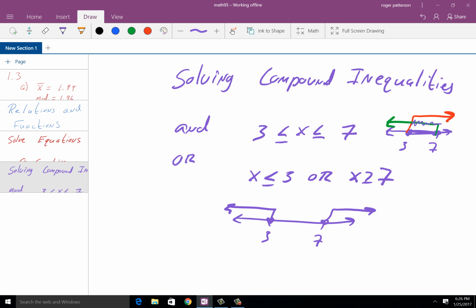So basically, I'm just going to go through and solve some of these. Looking at them, most of them want you to write using interval notation. There's a couple of them they want you to graph on a number line, but I really don't know how much graphing on a number line you really need to do. I'm assuming that you pretty much know how to do that.